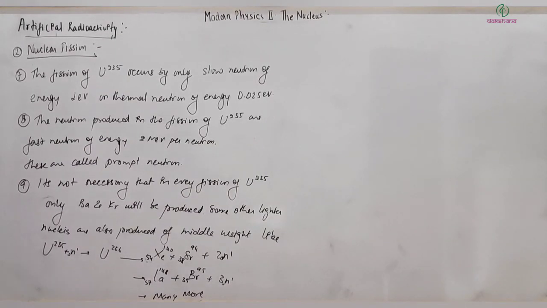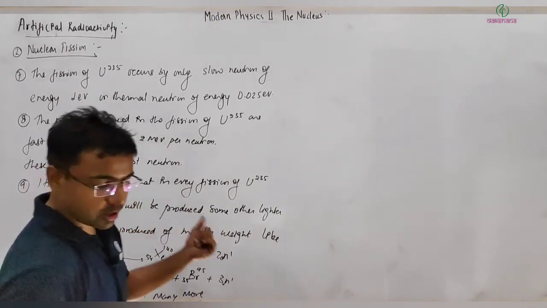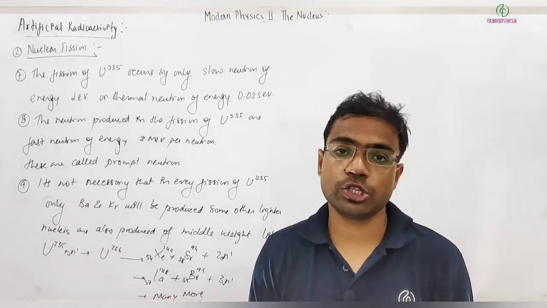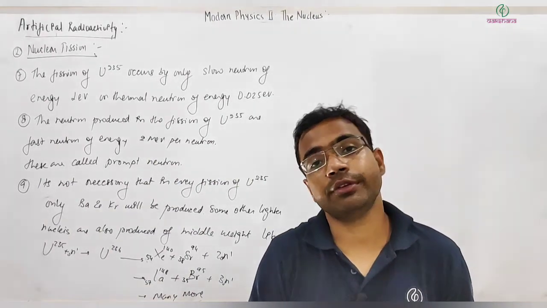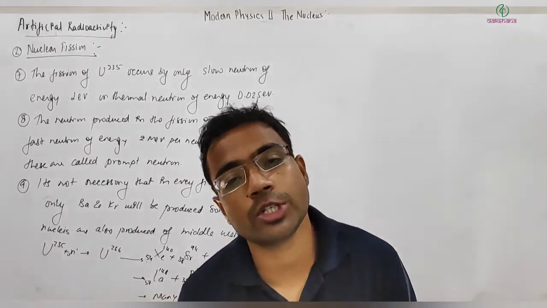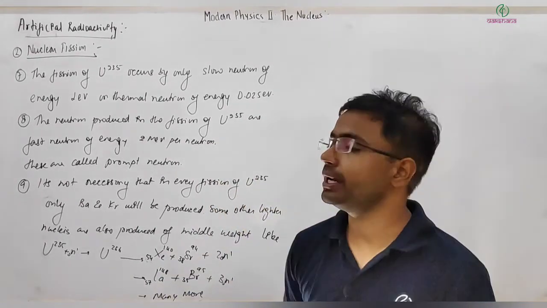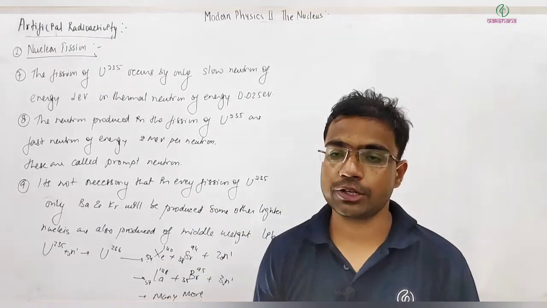A few more points about nuclear fission. The fission of uranium-235 occurs first of all only with slow neutrons or thermal neutrons, meaning the energy of the neutron must be in the range of some electron volts, for a thermal neutron something like 0.025 electron volt.